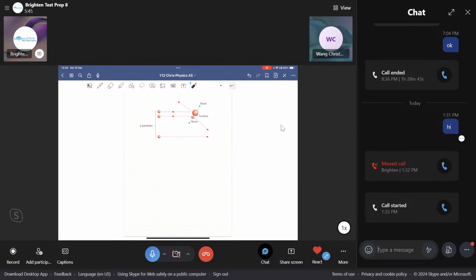But when you look at the picture, something happens, and it's a bit shown in the diagram. Some of them, those who come close to the nucleus, why are they deflected? Why don't they just crash into the nucleus?